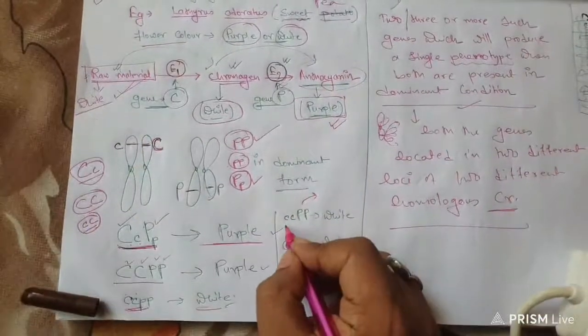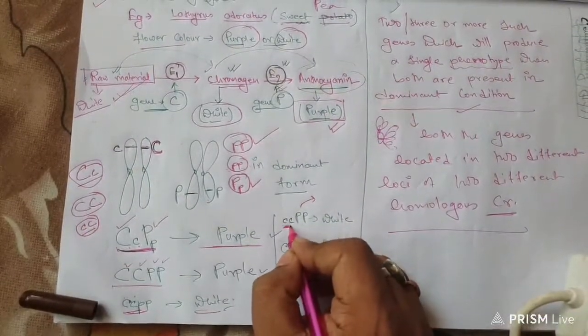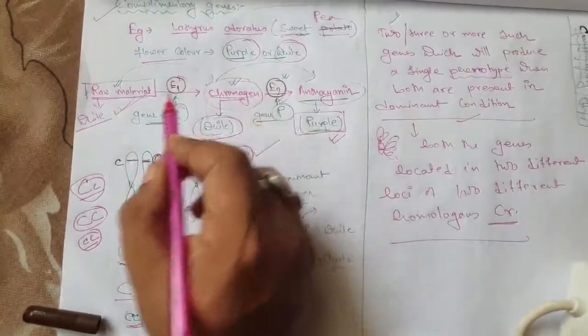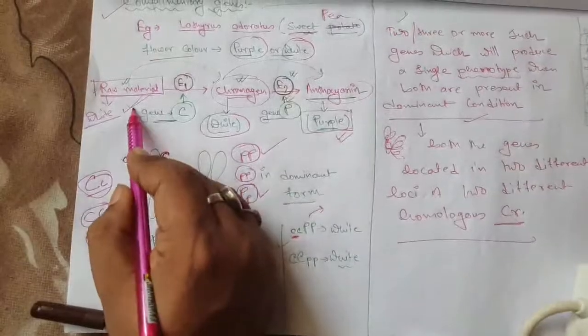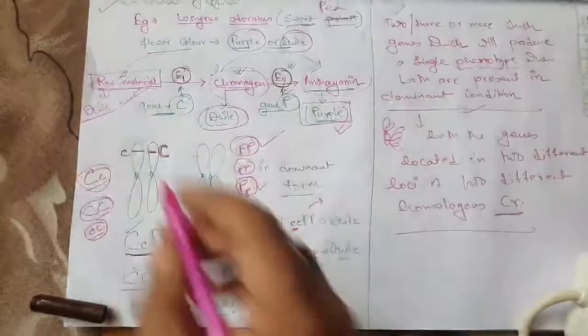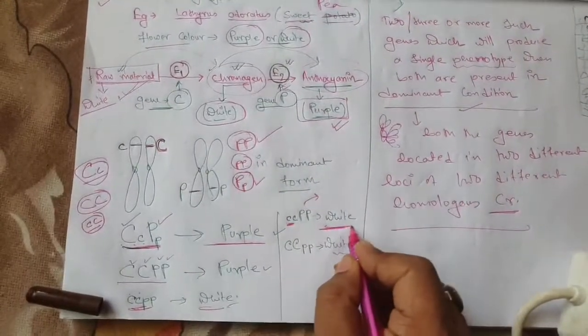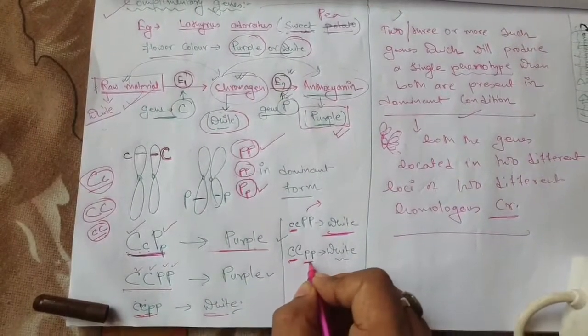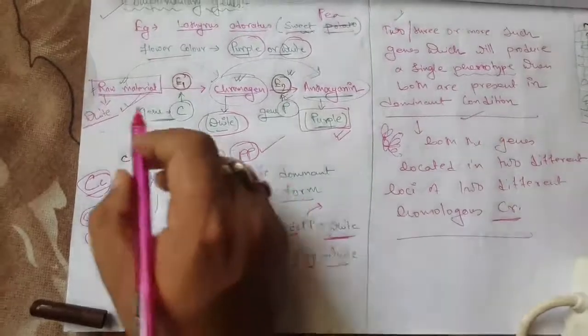But no, you can see the combination is small c. That means enzyme 1 is not produced and its product chromogen is not produced. So raw material will be there, and the flower color will be white. Okay, and in the case of big C and small p, it will be white.